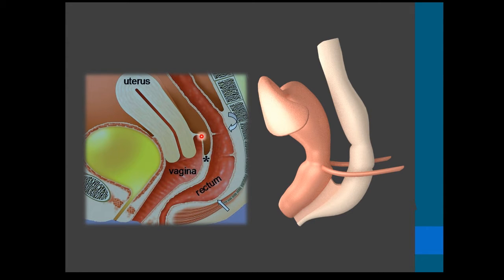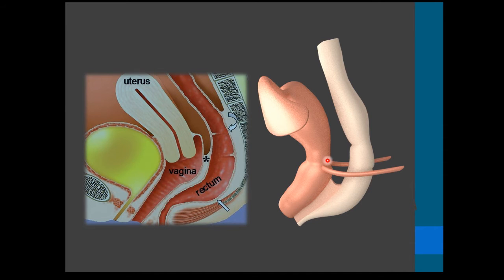And so this pouch here is the pouch of Douglas. So basically the front wall of the pouch is the posterior cervix and the posterior vagina. The inferior wall of the pouch of Douglas is the rectovaginal septum, which is where the rectum and the vagina are fused. And the posterior wall of the pouch is the bowel wall.